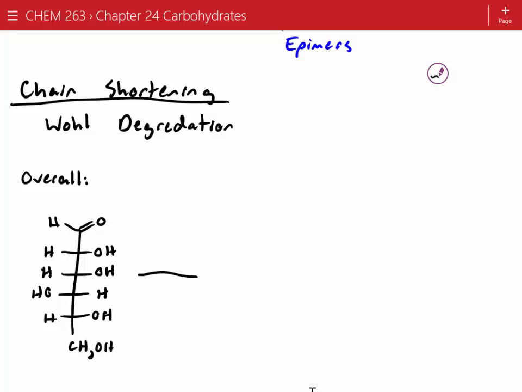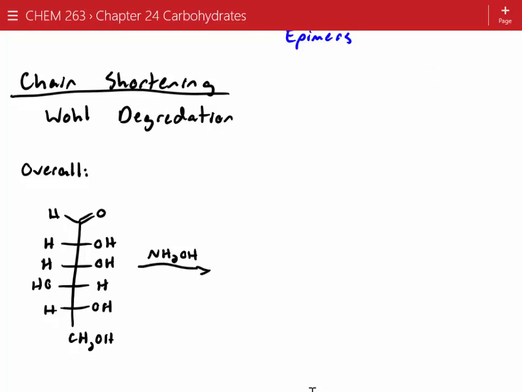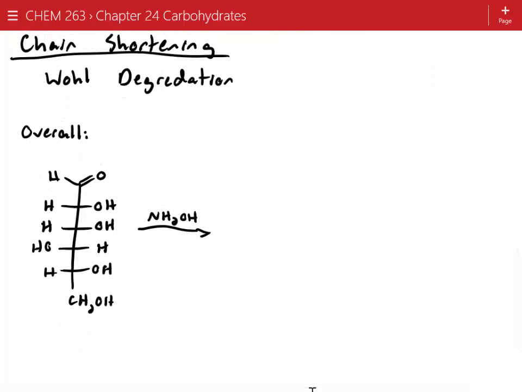Now we're going to add in an amine, specifically a primary amine. What will this do with the aldehyde? It'll add in. We'll get our imine, right? So we've got a primary amine, which will react with our aldehyde.